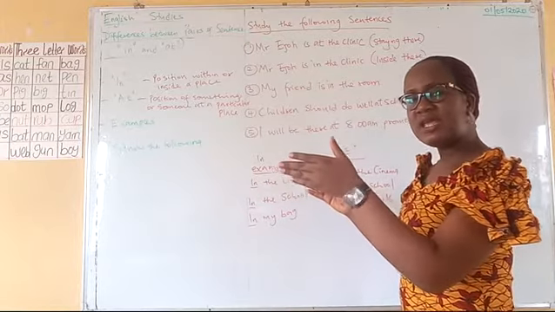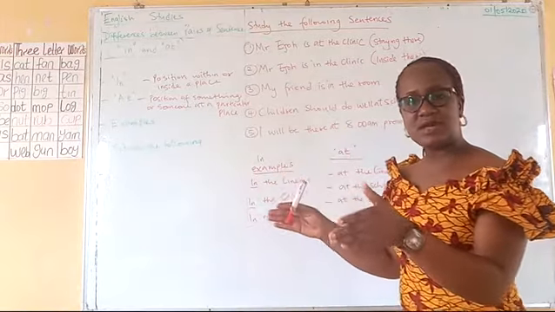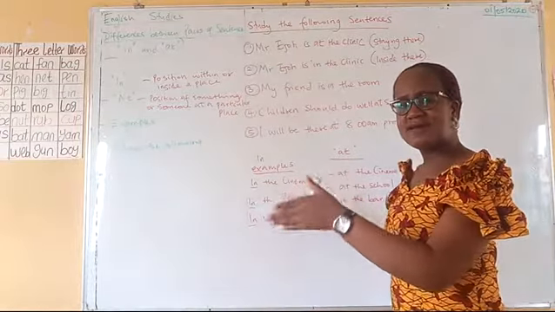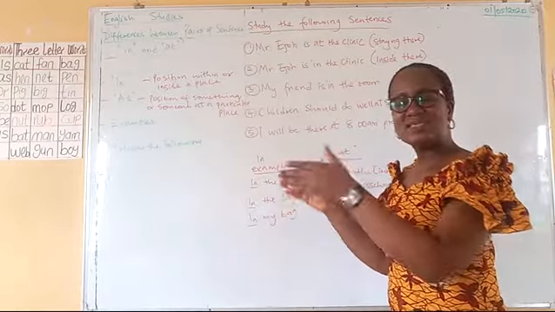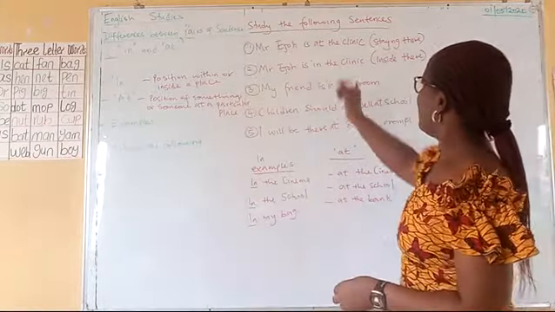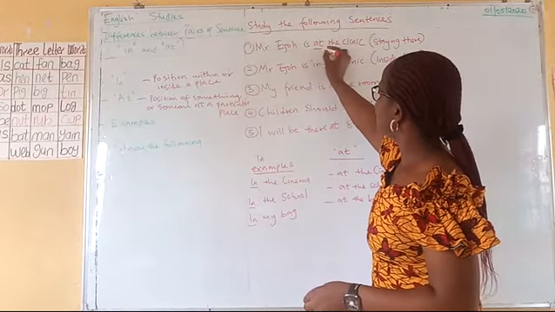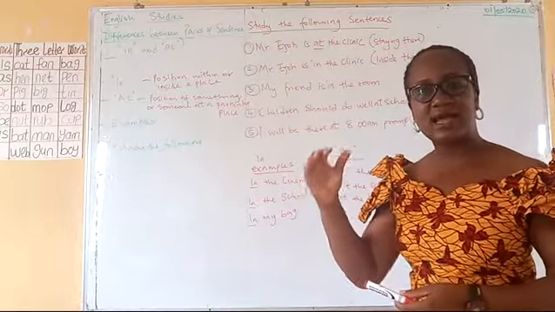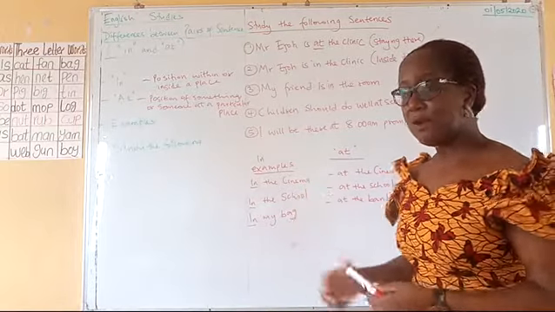So when you're using in and at, it's good you know the difference between these two. When you're using at, you're staying there at that moment. That object is there at that moment. So that is that for Mr. Ejo is at the clinic, meaning that Mr. Ejo is staying at the clinic at that moment.